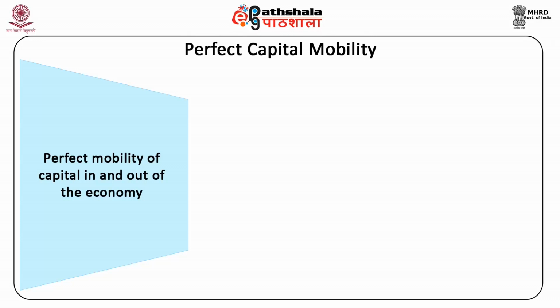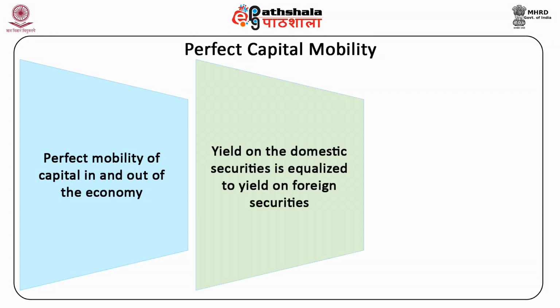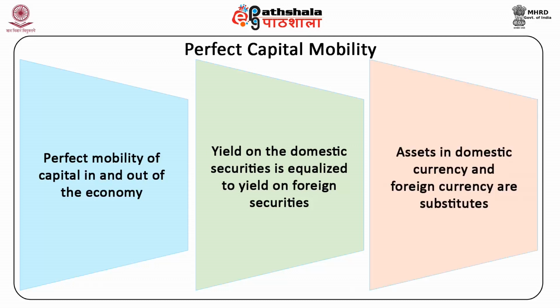There is perfect mobility of capital in and out of the economy, which ensures that the yield on domestic securities is equalized to the yield on foreign securities. Thus, due to this assumption, the uncovered interest parity condition holds, and assets denominated in domestic currency and assets denominated in foreign currency are considered perfect substitutes.